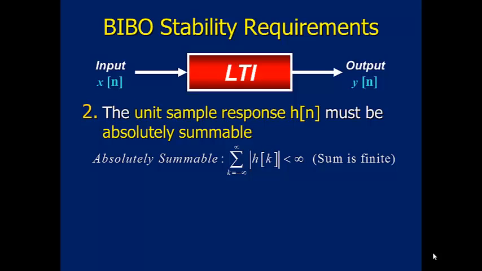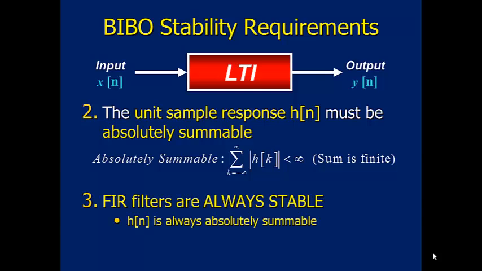And so if I have, for example, an FIR system, finite impulse response system, that has only, say, 5 non-zero values of h of n, it's going to be stable, right? Have a finite length unit sample response, its sum is going to be finite. So that's one really beautiful thing about FIR systems.